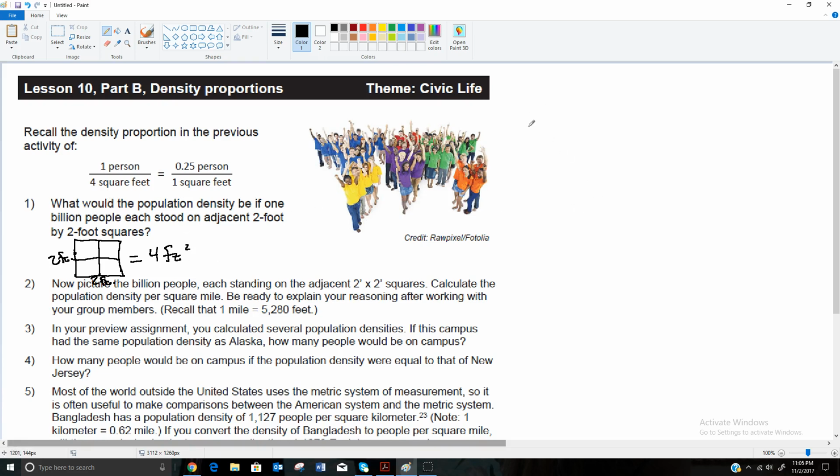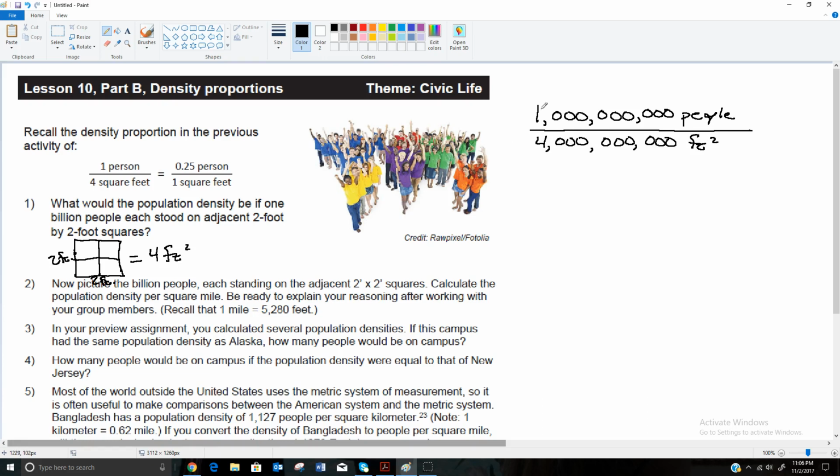So we have 1 billion people, and each of those people has 4 square feet. So that would be 4 billion square feet.